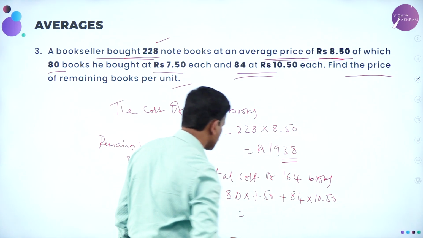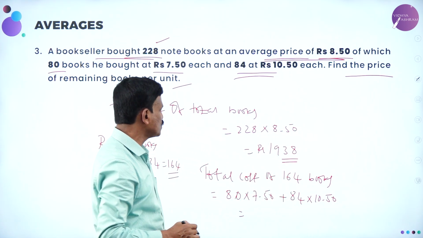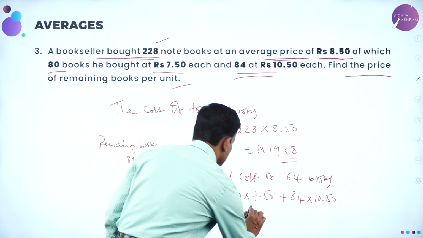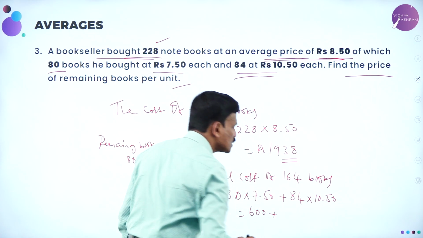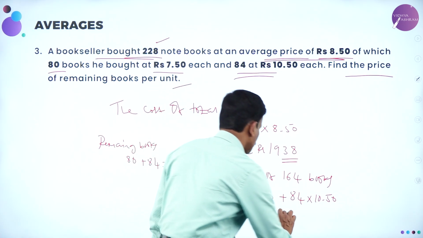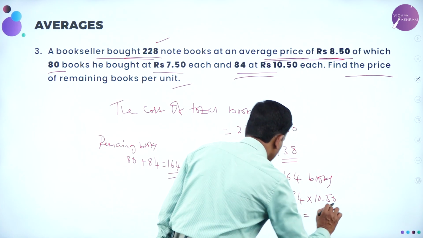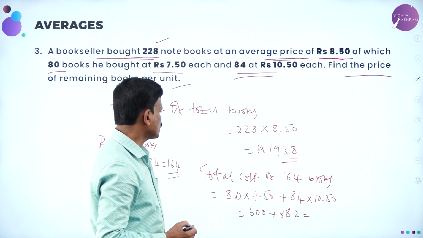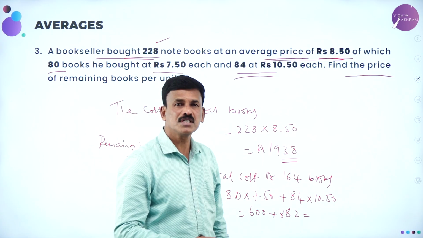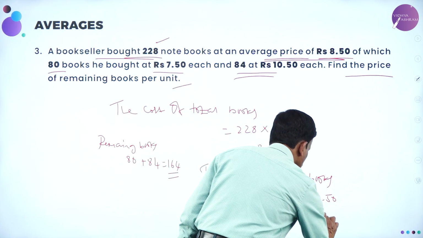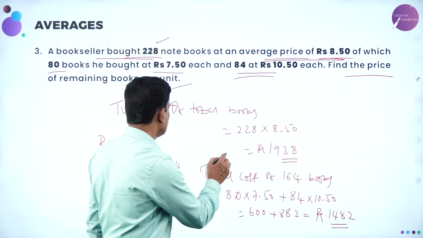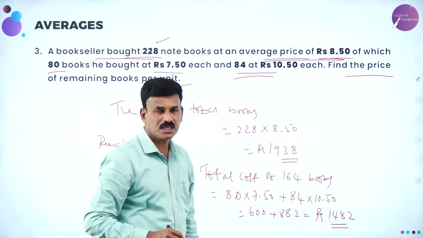Simplify this. What is this equal to? 80 into 7.50 plus 84 into 10.50. 600 plus 84 into 10.50, which is 882. Add this: 600 plus 882 is equal to 1482 rupees. 1482 is the total cost of the 164 books, right?